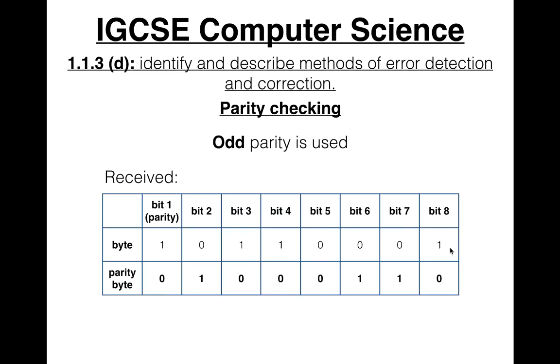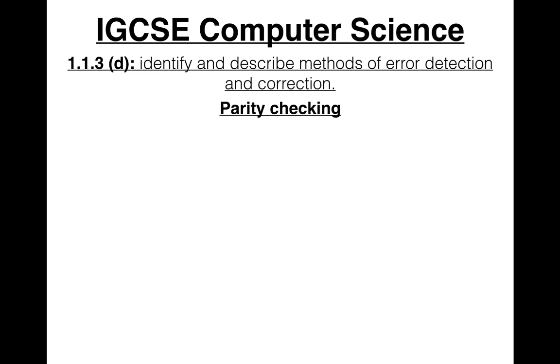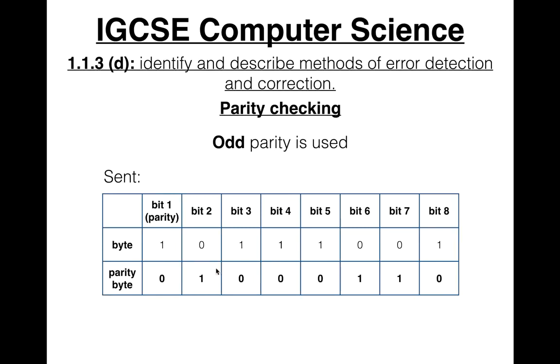Let's look at the sent one just to get a better idea. The parity byte is calculated by checking the parity of the vertical columns, so it's basically a vertical check. The parity bit is calculated horizontally, so 1, 2, 3, 4, and if odd parity is being used, this would have to be 1 to make 5.